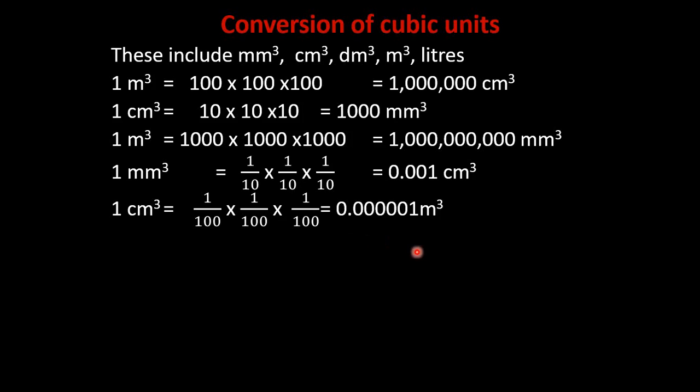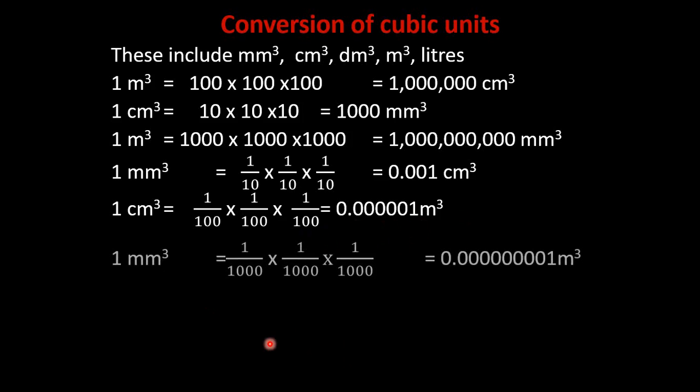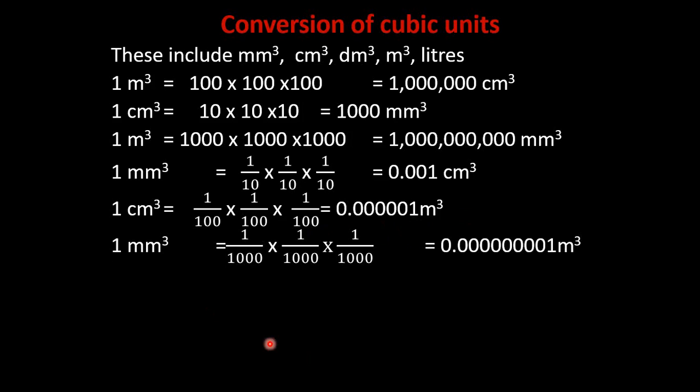But if you know how to convert to standard form, then this can always be put in standard form, so that you don't have to write very many zeros like this. Now, also 1 cubic millimeter is equivalent to 1 over 1000 meters times 1 over 1000 meters times 1 over 1000 meters, which is going to be 1 over 1 billion cubic meters, and that will be equivalent to 0.000000001 cubic meters.